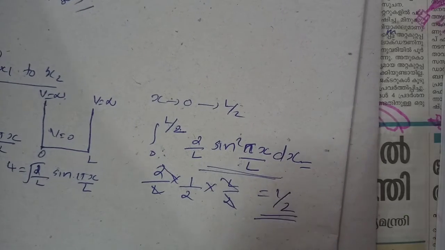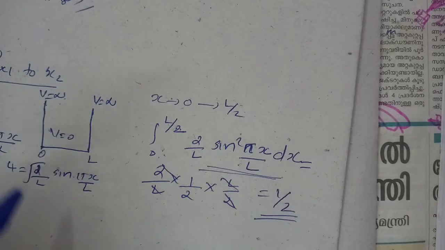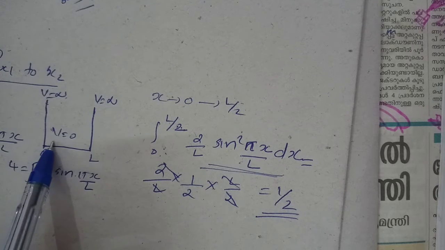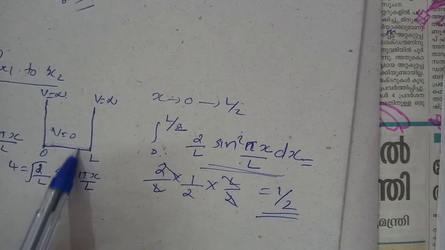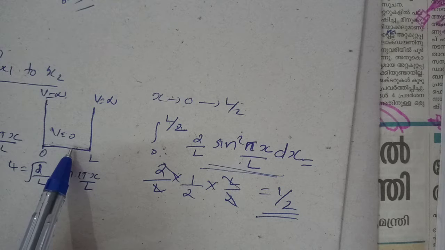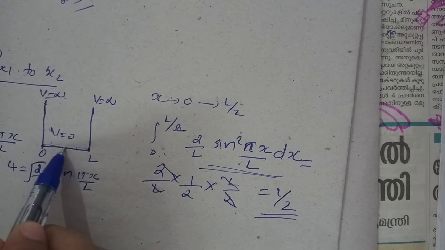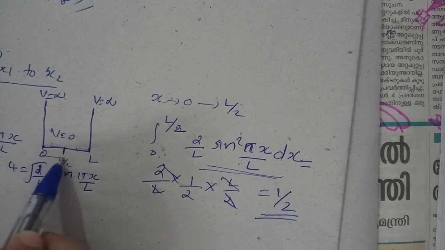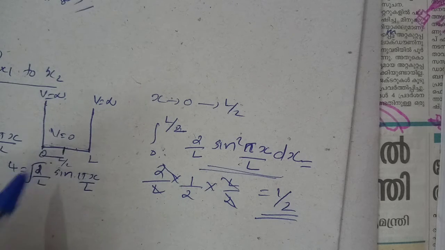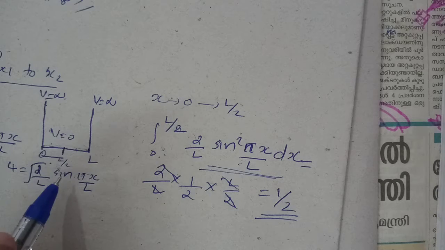So we get the probability is 1 by 2. From logic also we can say that from 0 to L the probability is equal to 1, because the probability to find the particle inside the box is 1, and from 0 to L by 2 it is half only, because it is half of the length of the box.